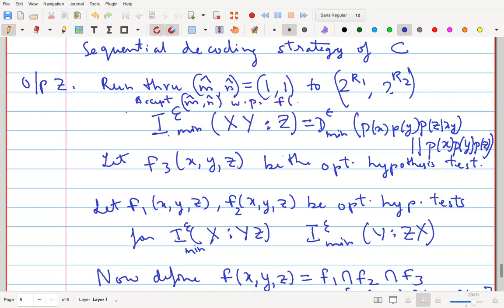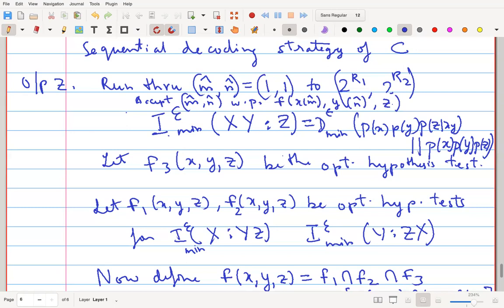F is the intersection of the corresponding code words x n hat, y n hat, and the z that has been received at the channel output. Okay, so this is the strategy.